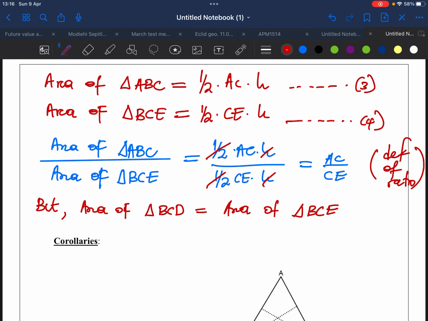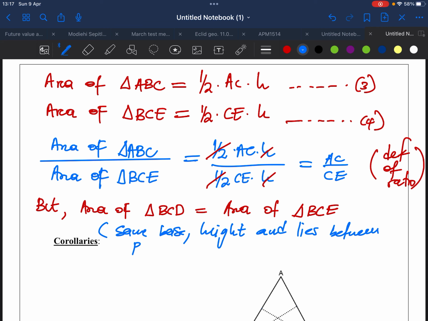Reason: they have the same base and height, and lie between parallel lines.